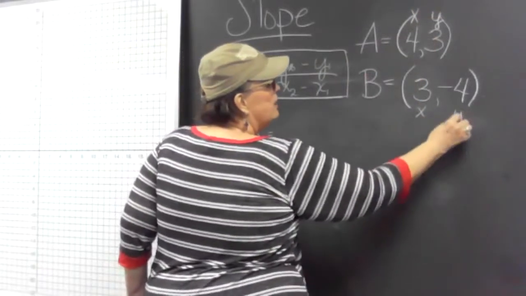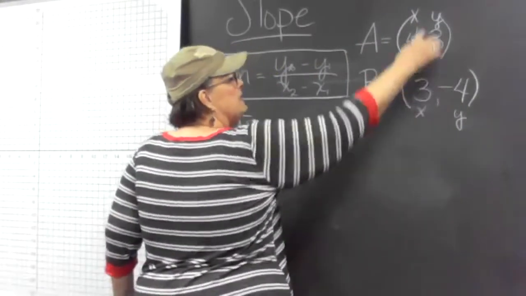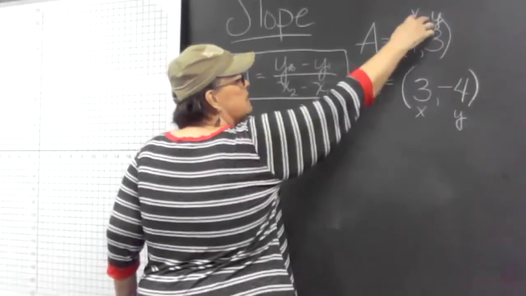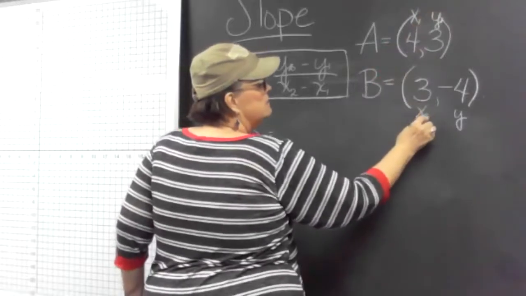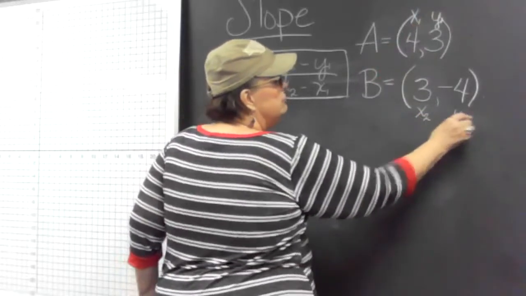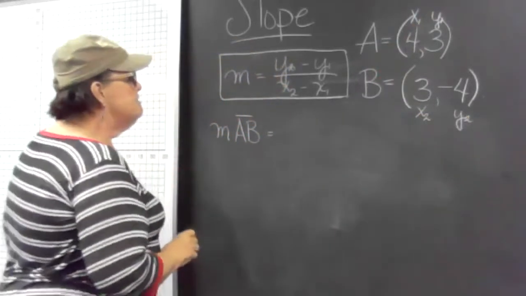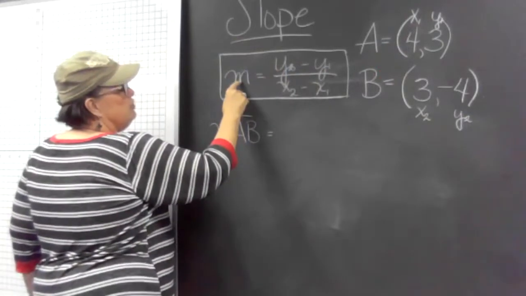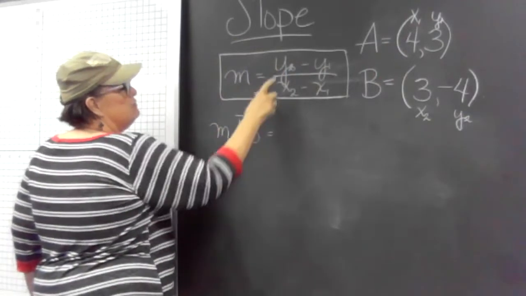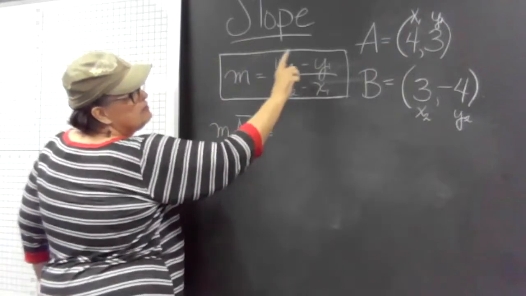So I have X and Y here. In order that I don't mix these up, I'm going to number these. So here's the 1s. Here are the 2s. Okay? And now all I'm going to do is follow this formula. The slope equals Y2.